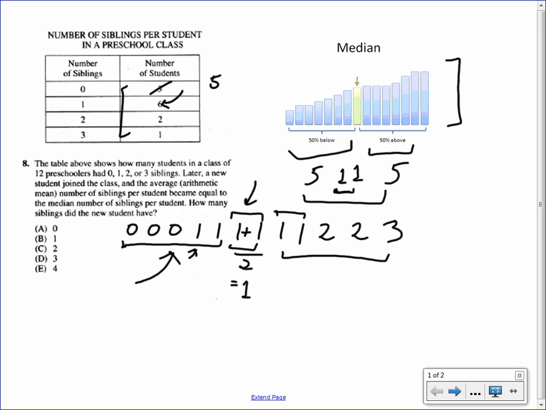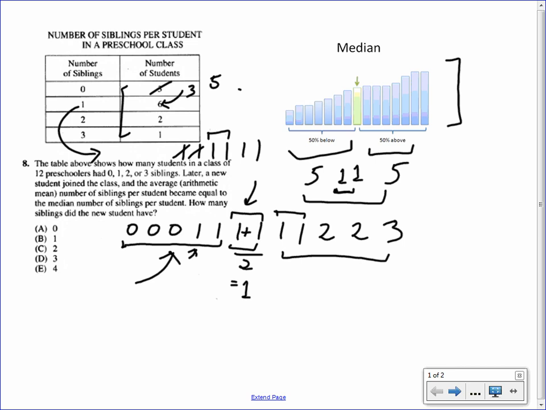And that only takes up 2 of the slots for the students with 1 sibling each. You can think of it like this: 1, 2, 3, 4, 5, 6. You've already taken care of 3 students here, and then you get rid of 2 of the students to bring you to 5 total. So then you're at your median.